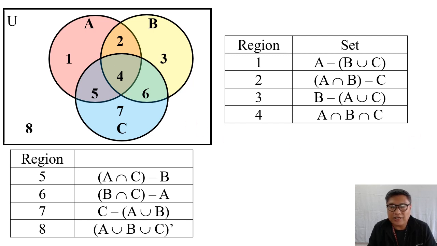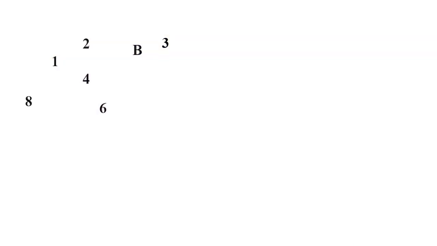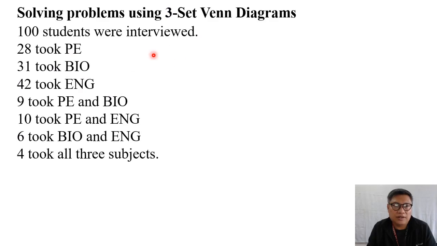So let's start with the first problem. If there are 100 students who were interviewed, 28 said they took PE, 31 took biology, 42 took English, 9 took PE and biology, 10 took PE and English, 6 took biology and English, and 4 took all the 3 subjects.